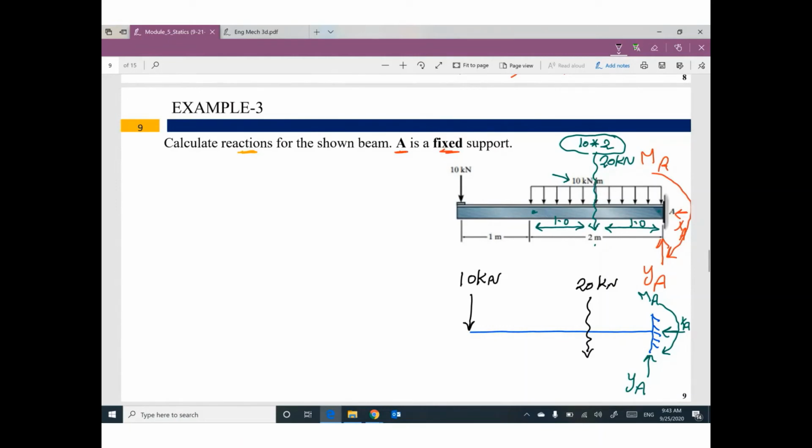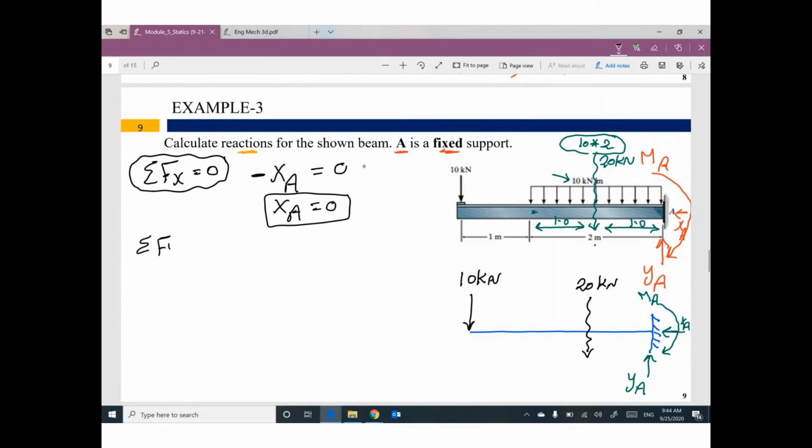How many equations? 3. Summation of all forces in x equals 0. What forces do you have in the x direction? We have negative XA. Do you have anything else? No? Equals 0. So XA equals 0. Piece of cake. Summation of forces in y equals 0.